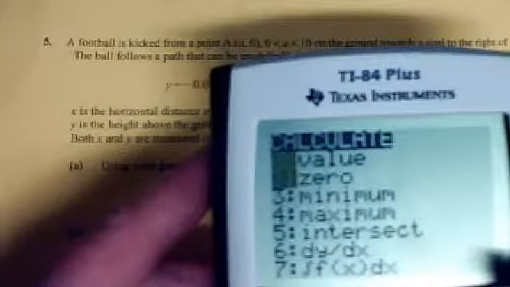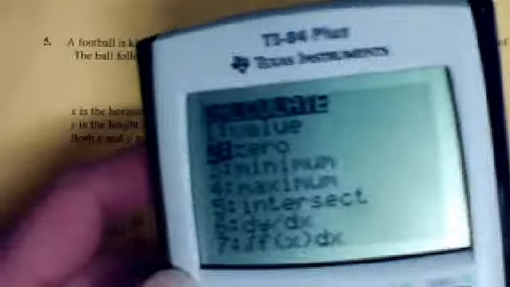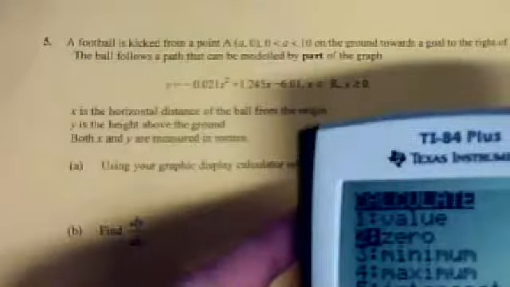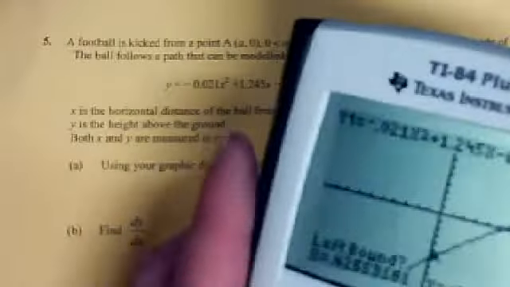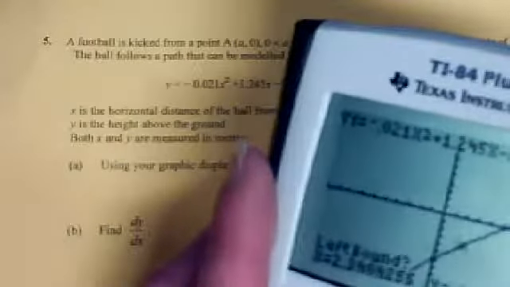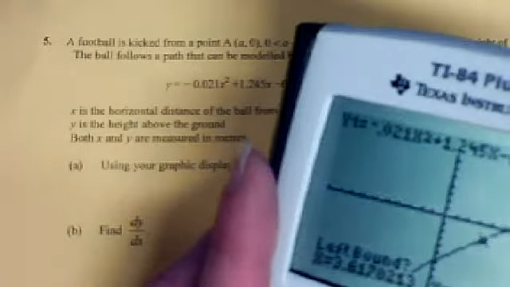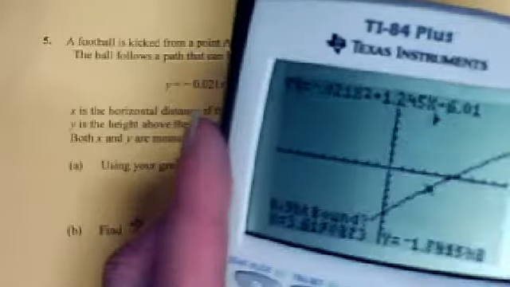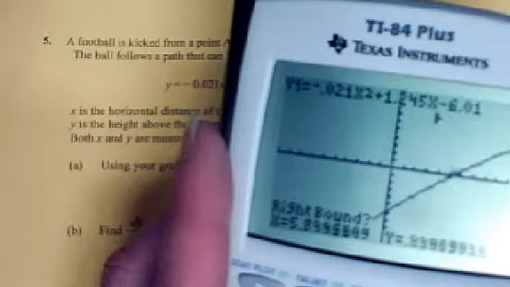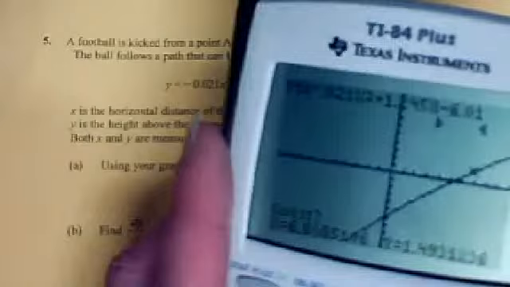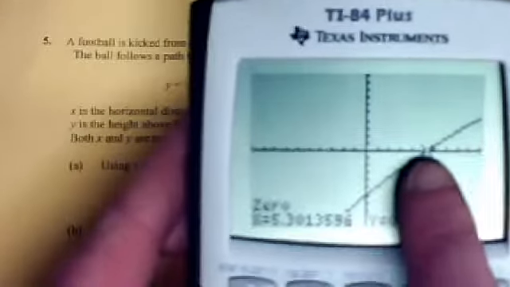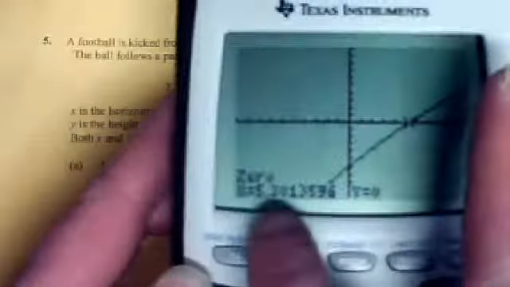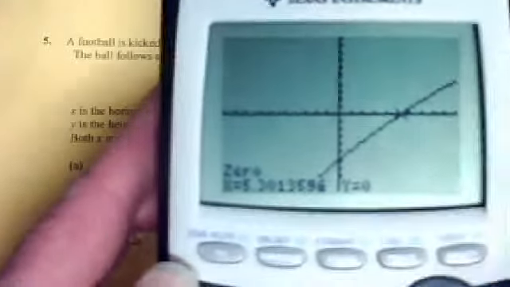That would be considered a 0 point because the y value is 0 at that point. Left bound means make sure my little spider is to the left of that point. Right bound means go to the right of it and press enter. It tells me that that 0, or that x-coordinate, is the point 5.301, or 5.3.